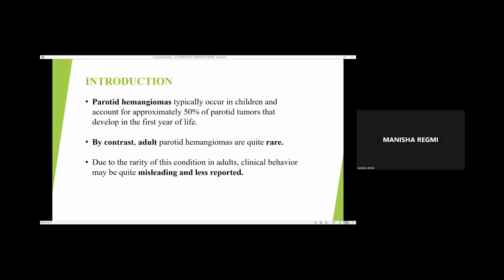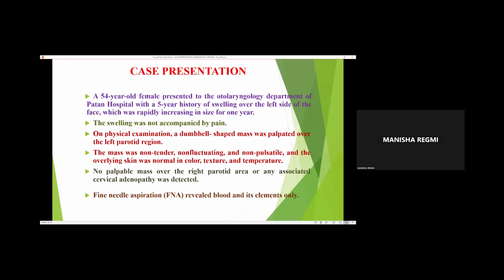Parotid hemangiomas typically occur in children and account for approximately 50% of parotid tumors that develop in the first year of life. By contrast, adult parotid hemangiomas are quite rare. Due to the rarity of this condition in adults, clinical behavior may be quite misleading and less reported, as was in our case.